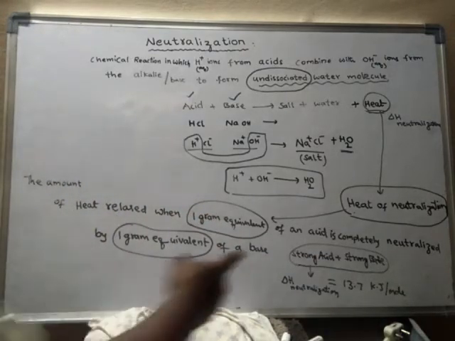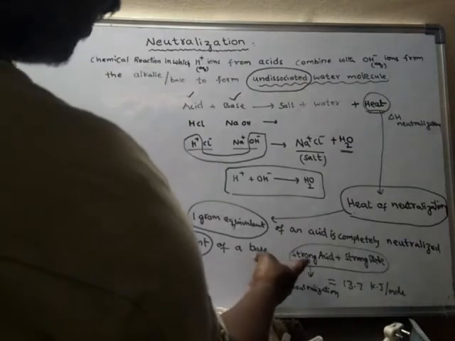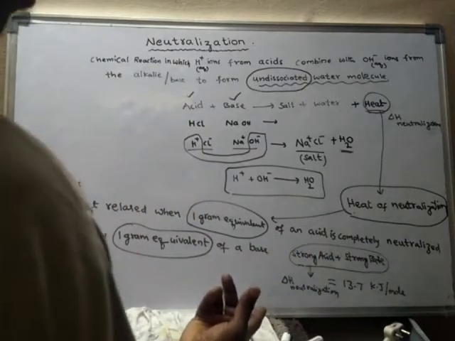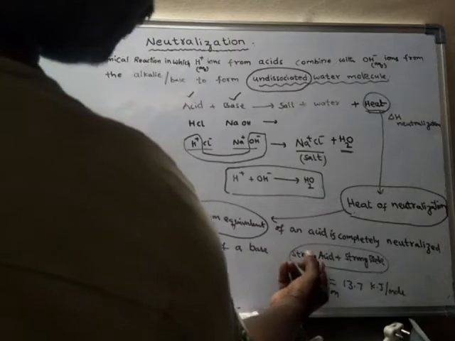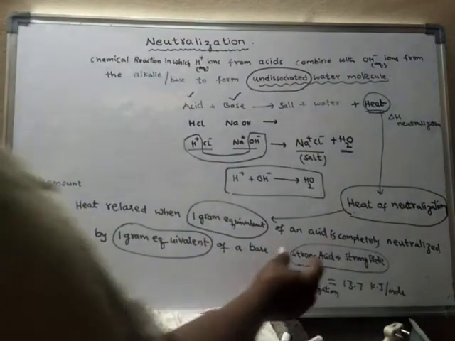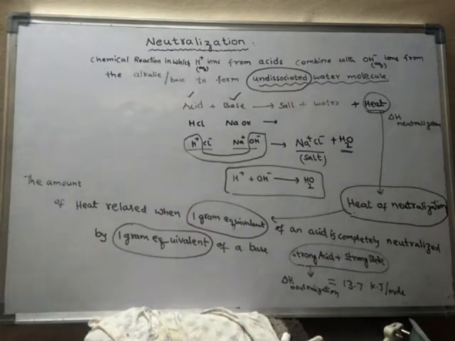Suppose either one is weak, either weak acid, strong base, or strong acid, weak base, or if both the acid and base are weak, then the heat of neutralization will be less than 13.7.